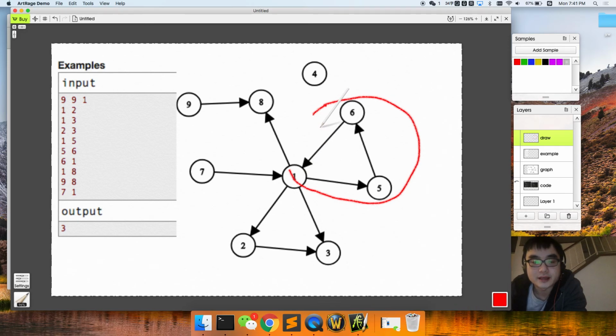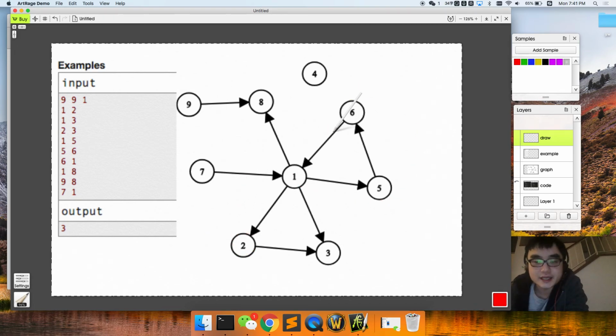And this SCC contains the starting node, so it automatically has an in degree. And what about this guy? Because this SCC has in degree, we don't need to add another one here, right? Because if we add another one, it will be a waste, right?